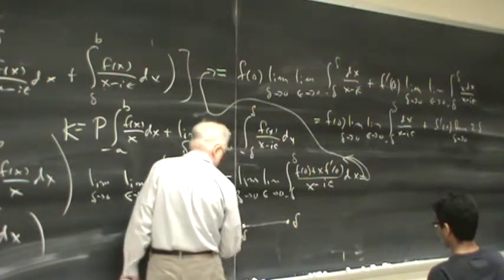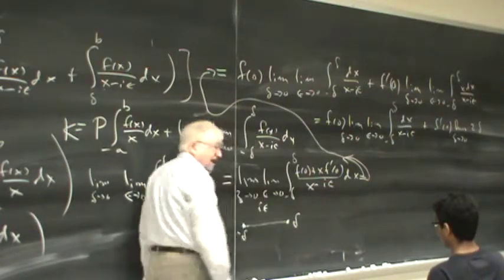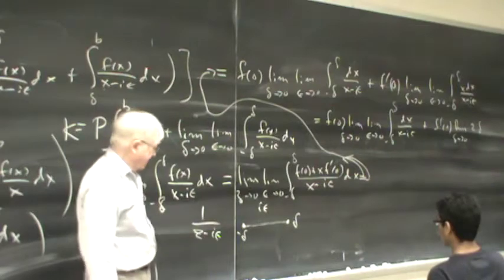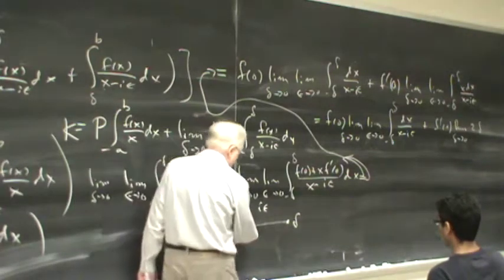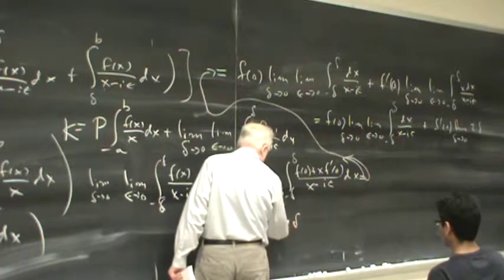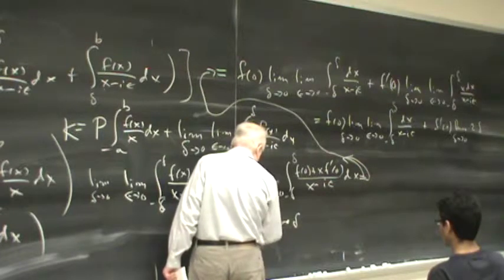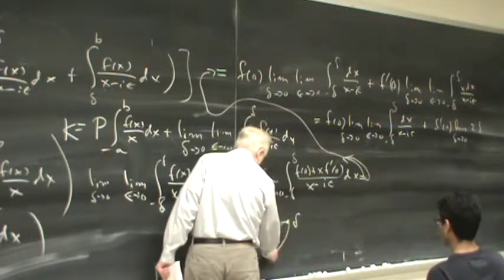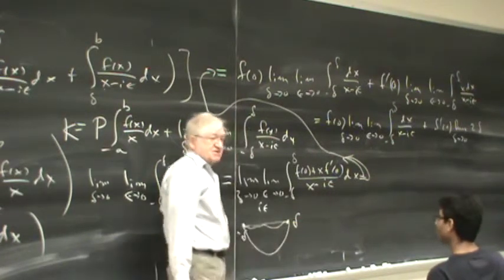And we have a pole, but the pole is up here at I epsilon. It's in the upper half plane. So we can deform this as we like. We could make a small change, or we could just make it simple for ourselves and make this a semicircle.